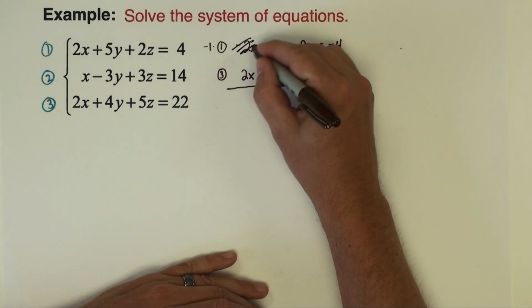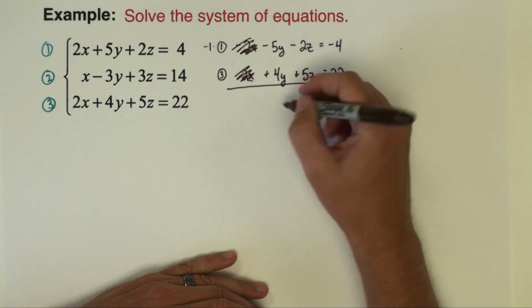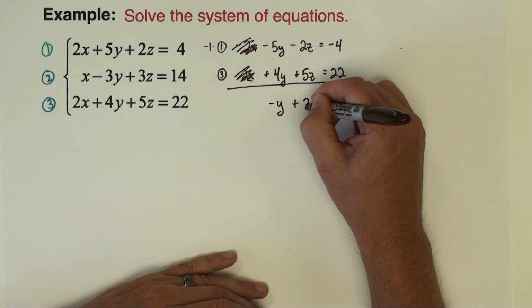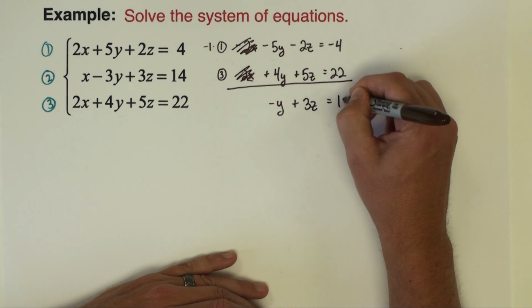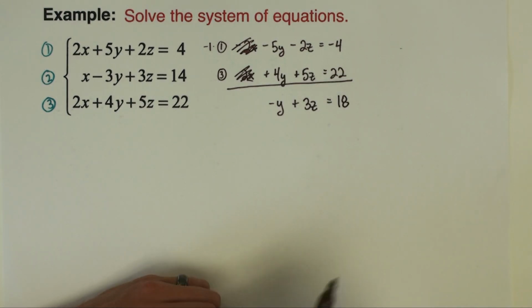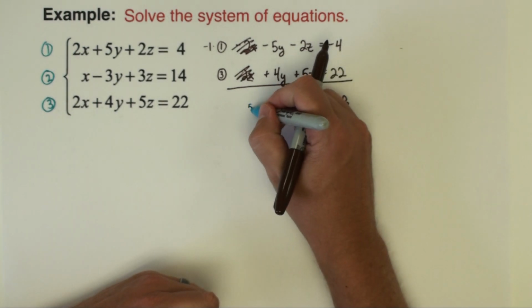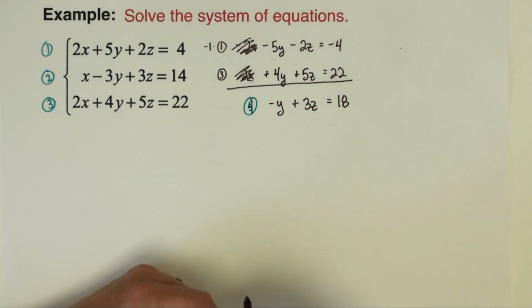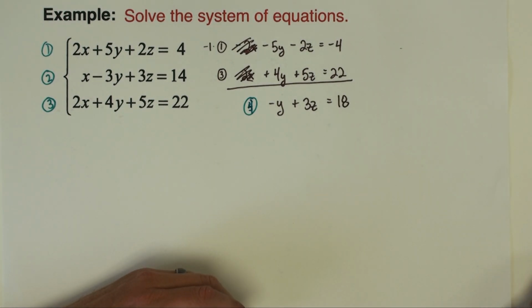So my x's, being negative and positive 2, are out. I've got negative y plus 3z equals 18. And so that's equation number, actually 4. Doesn't matter which one's 4 and 5, but that's the first one I've got. So we're going to call that 4.